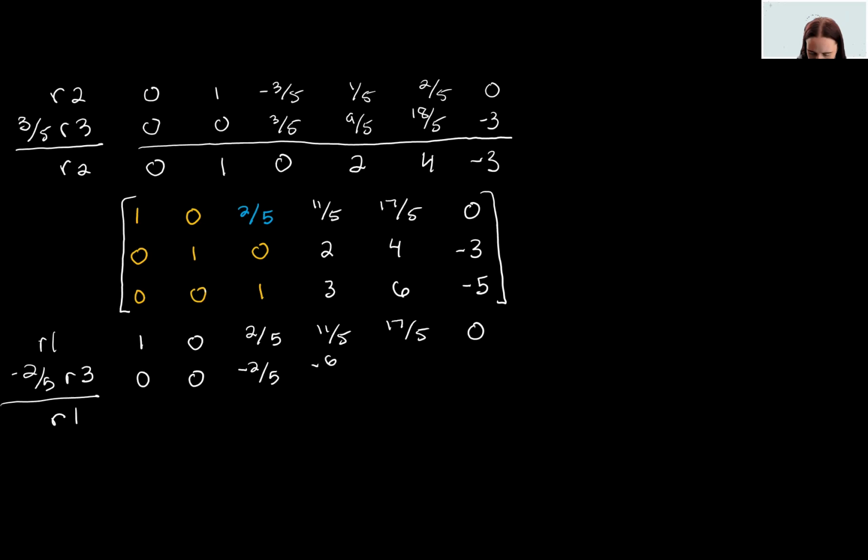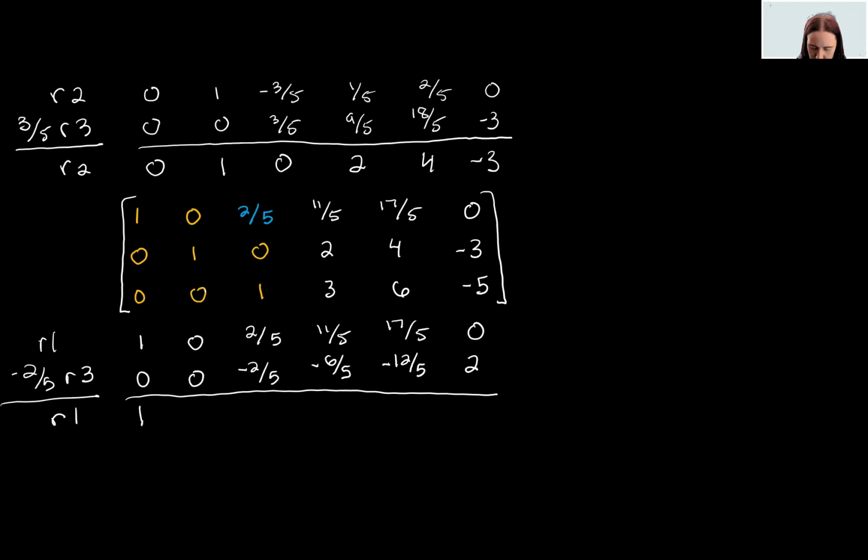It's -6 fifths. 6 times -2 fifths. -12 fifths, and then -5 times a -2 fifths. That is +2. And then we're going to add those together.